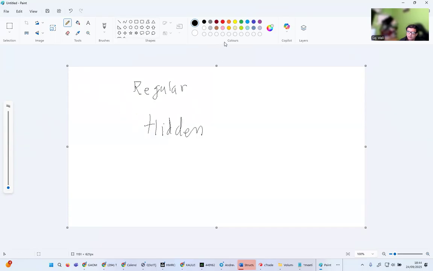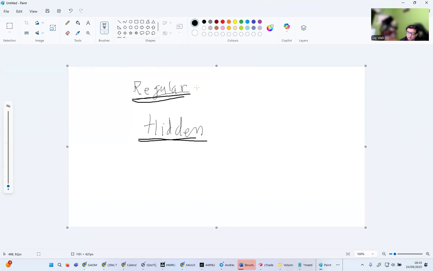So that's the basic thing. The regular one is used to spot reversals, and hidden is used in the direction of the trend. So these are the two basics.